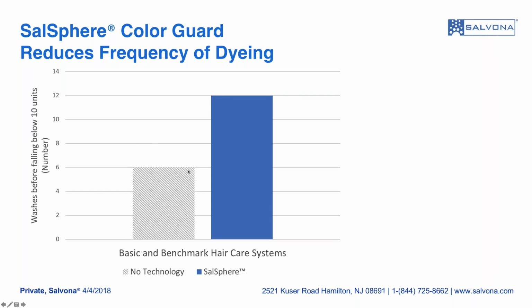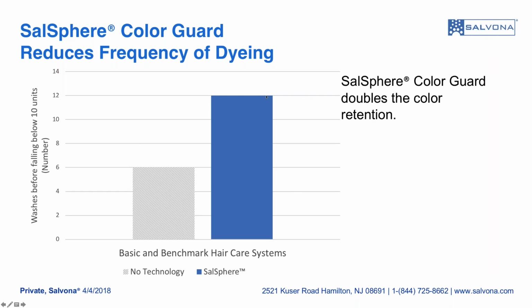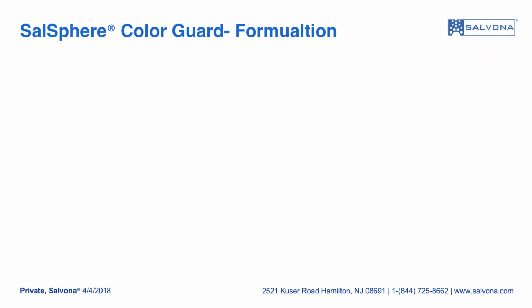And this is pretty much what most of the commercial products are offering, 6 to 8 washes. However, if we add to the basic the technology, we are able to increase to 12 washes, which is a significant increase in the value of the product. It practically lasts twice as many washes as the free product.